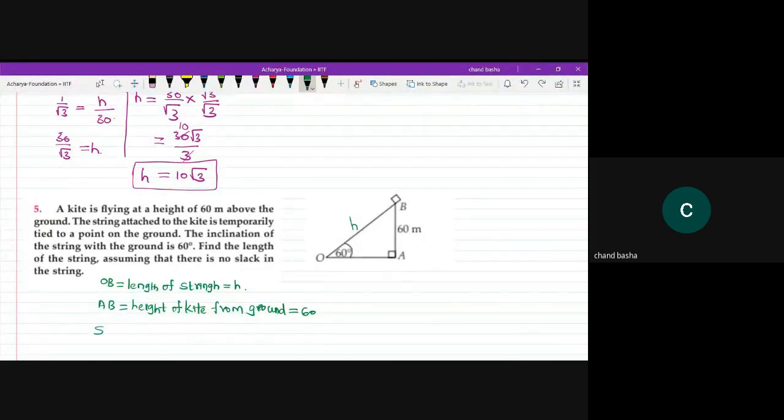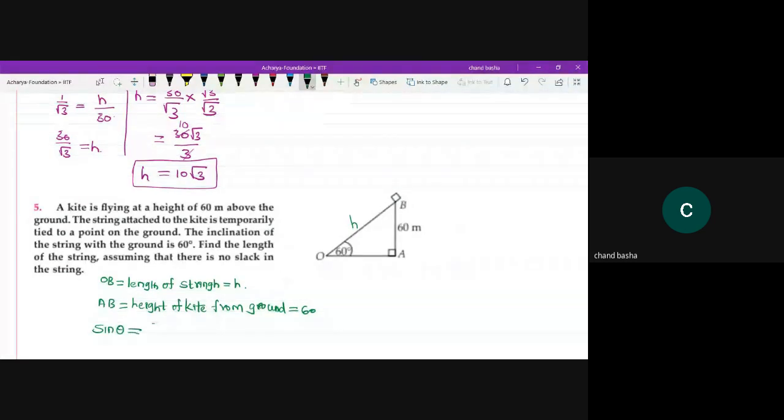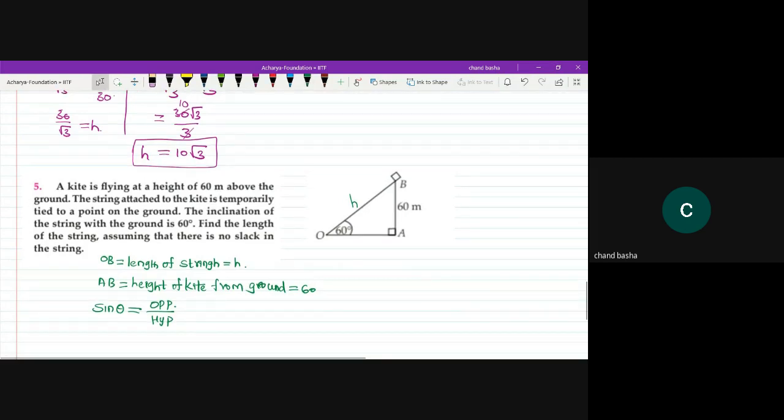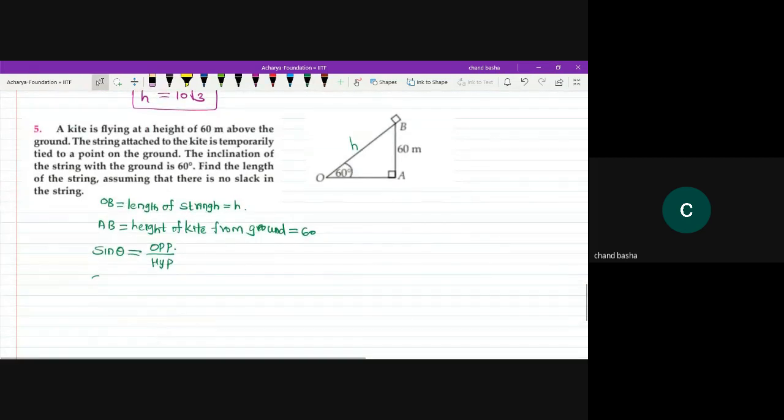Let's make use of sin theta is equal to opposite upon hypotenuse. Sin theta I am using. Sin 60 is equal to opposite side 60 divided by hypotenuse, which we take as h.